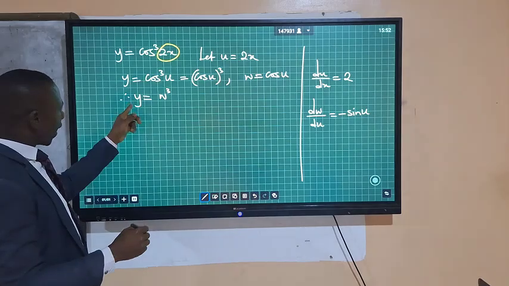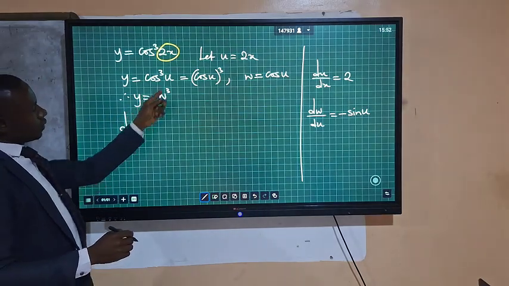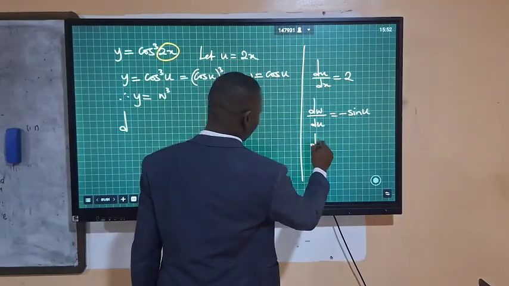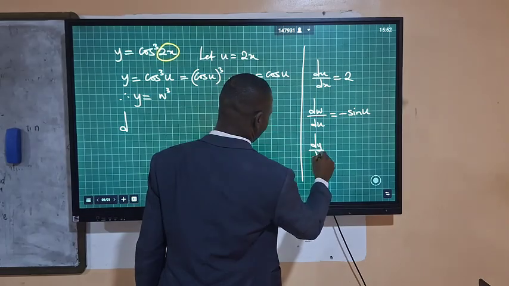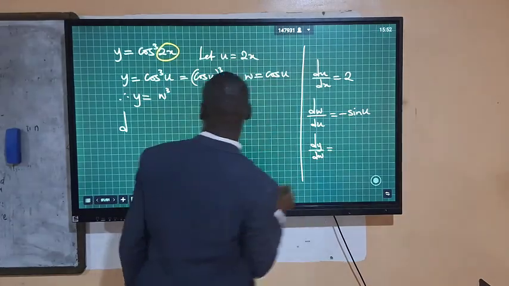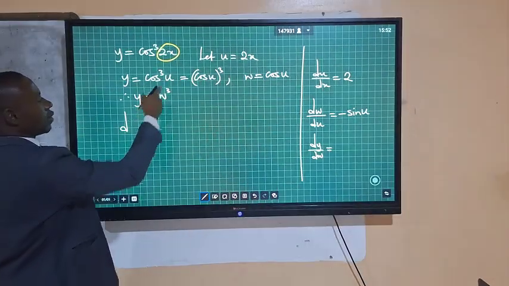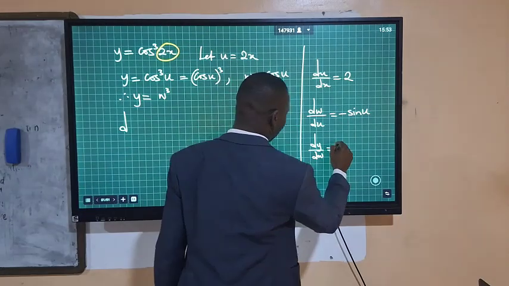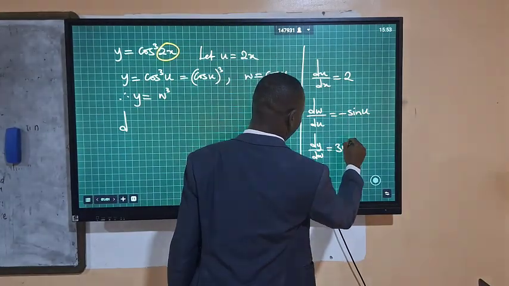Then dy over dw is nothing but 3w squared.